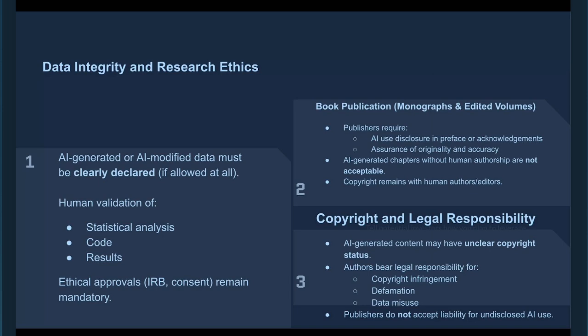It should not be misunderstood. It should not be misinterpreted. Okay. The information can be published in journals as well as books, but there are very specific rules. And mostly in case of books, the information which is produced by AI or created by AI is not considered acceptable.